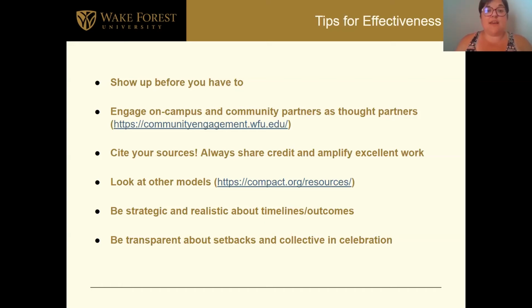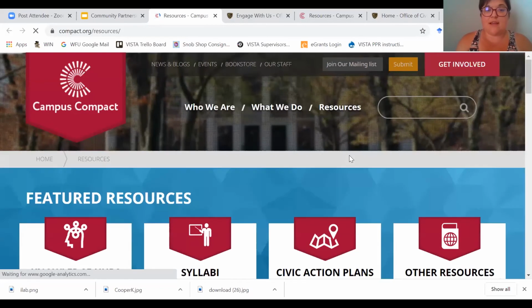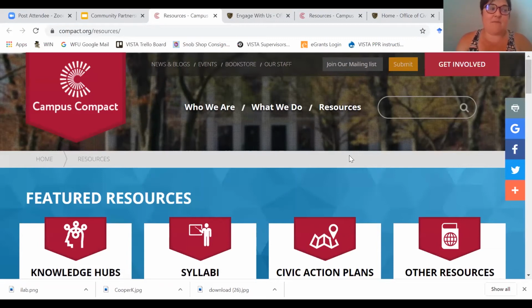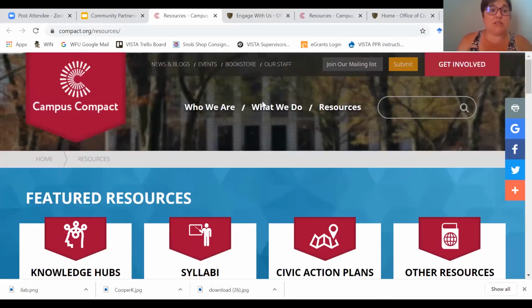Another tip is to look at other models. Some of you may be familiar with Campus Compact. Campus Compact was founded as a national organization, initially a professional organization to connect presidents of universities and administrators and faculty who were doing community engagement work with each other. We have a North Carolina Campus Compact. There are state compacts across the country, but National Campus Compact has what I think is a pretty underutilized resource, which is this resource tab.